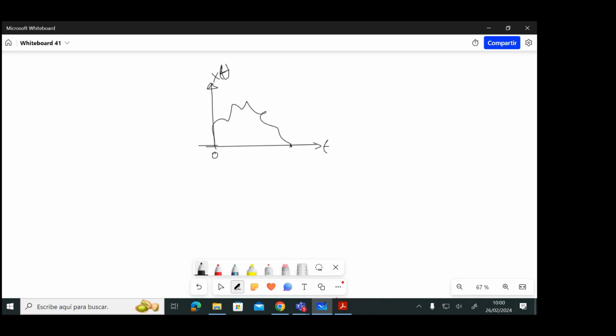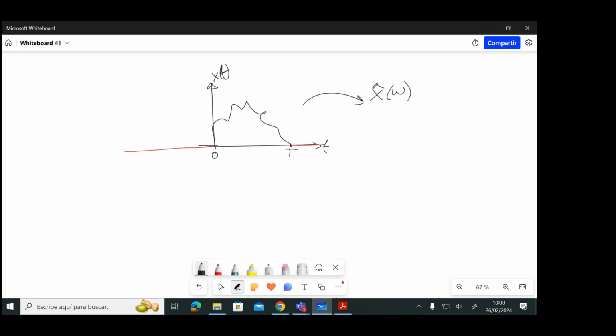So it goes from 0 to T. But what you are assuming is that outside it is 0. So x of t outside the interval 0 to T is 0. And then you can compute the Fourier transform, and you have this one.